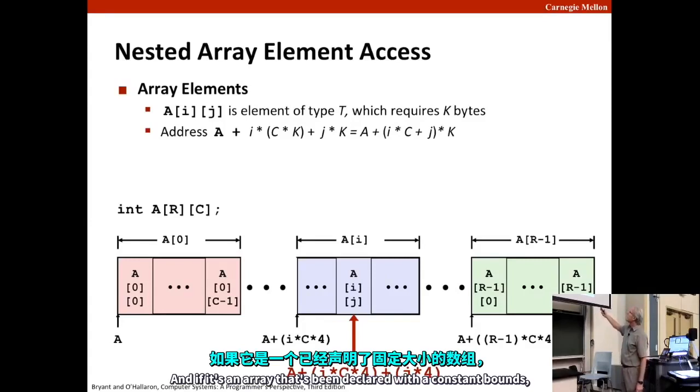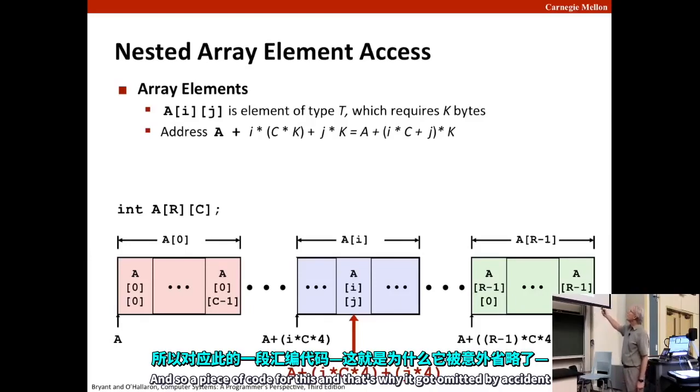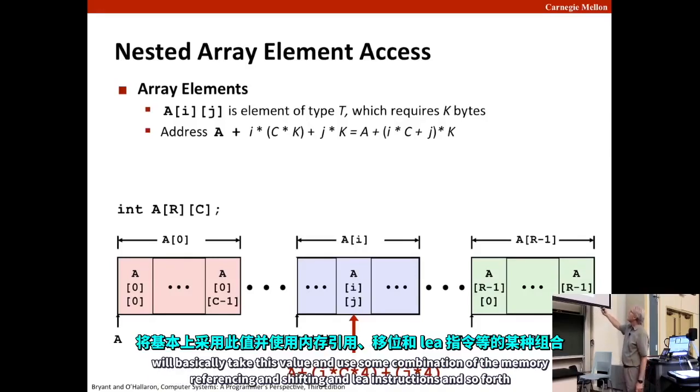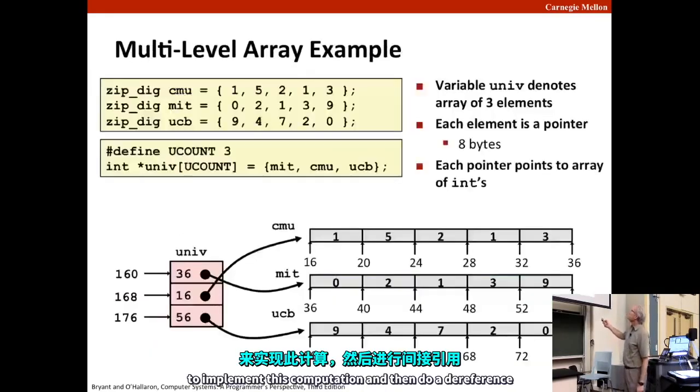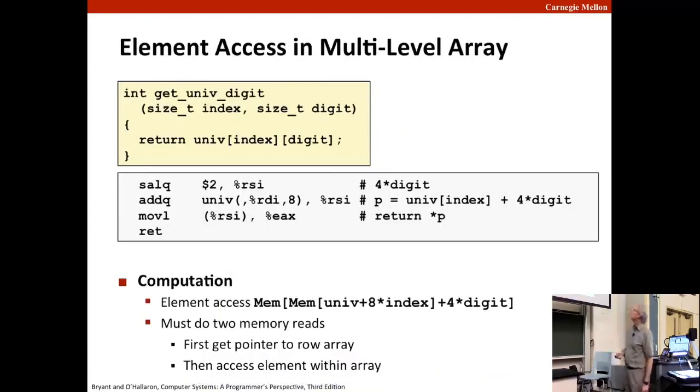And if it's an array that's been declared with constant bounds, then the value of c will also be a constant. And so a piece of code for this, and that slide got omitted by accident, will basically take this value and use some combination of memory referencing and shifting and LEA instructions and so forth to implement this computation and then do a dereference.